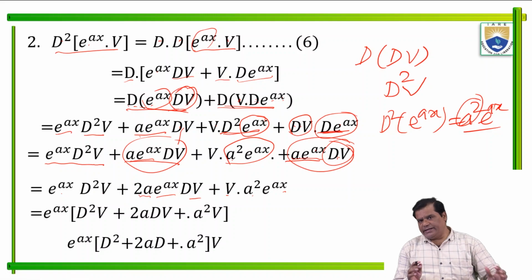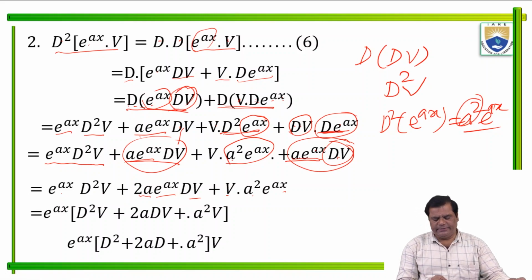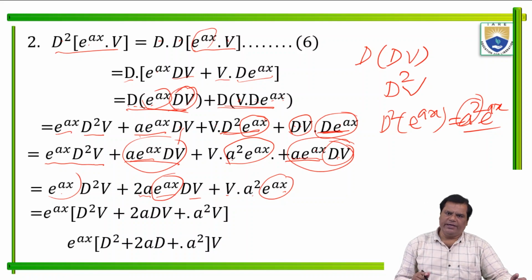Here we see that e to the power ax is multiplied in the first term, and also in the second and third terms. There is no differentiation of the exponential function, so we take the exponential function to the left side, because there is no derivative form.